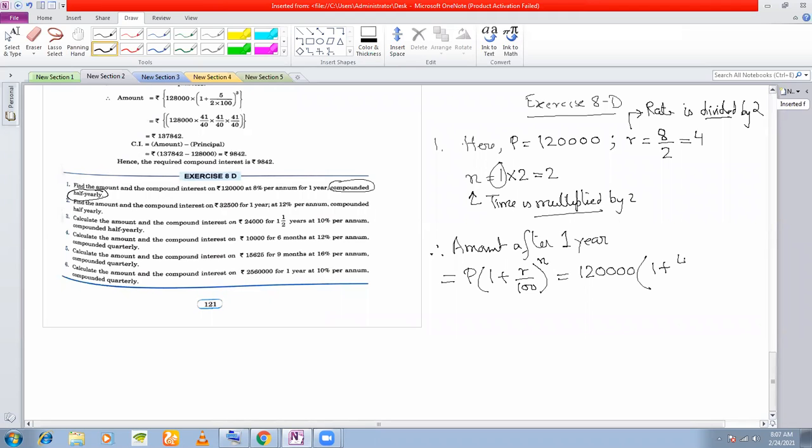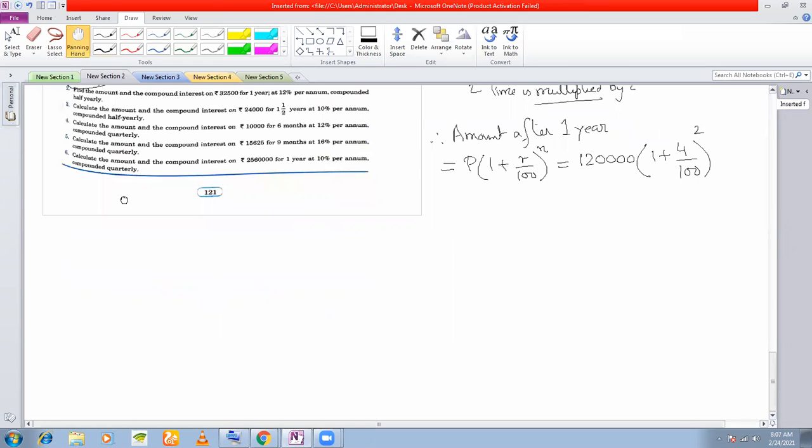Rate here is 4, because we have divided it by 2, divided by 100. And time here is 2, because we have multiplied time by 2. Now we can calculate this.